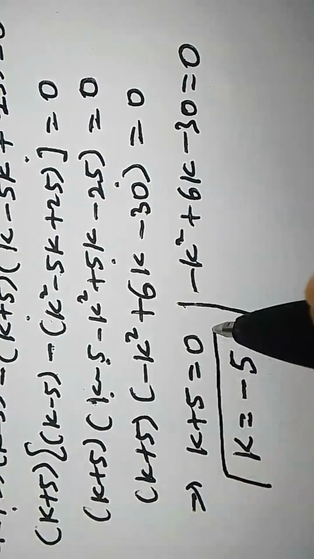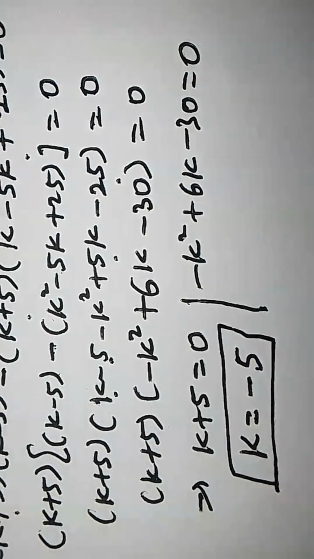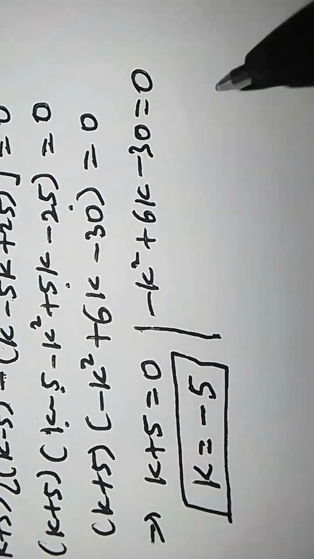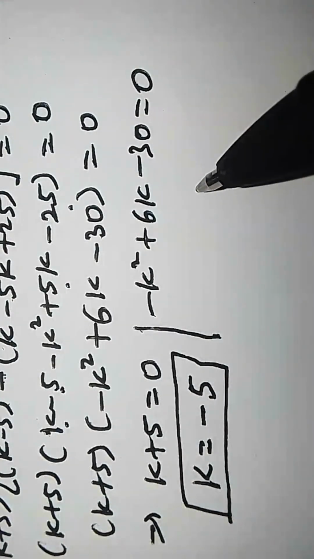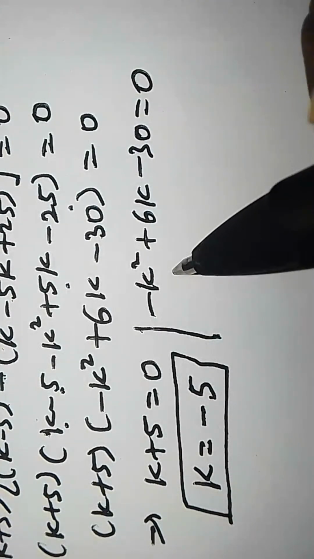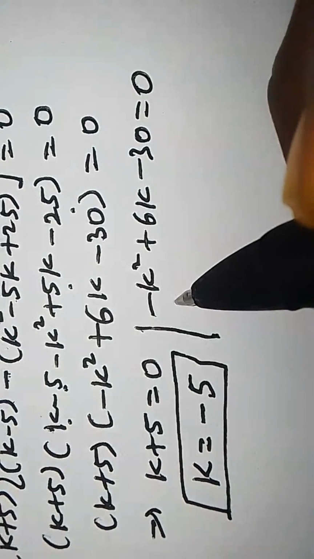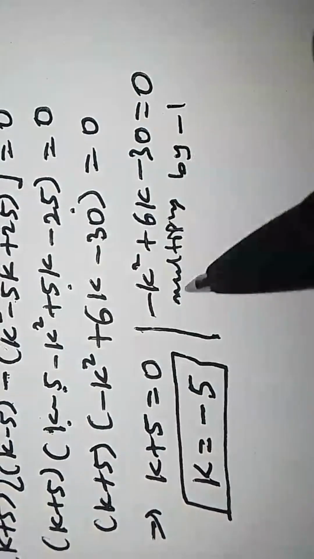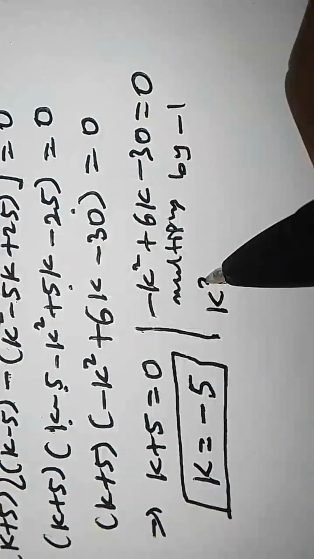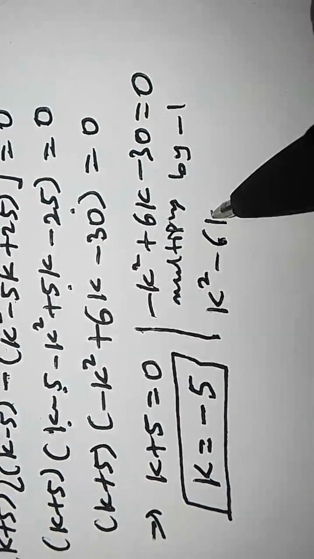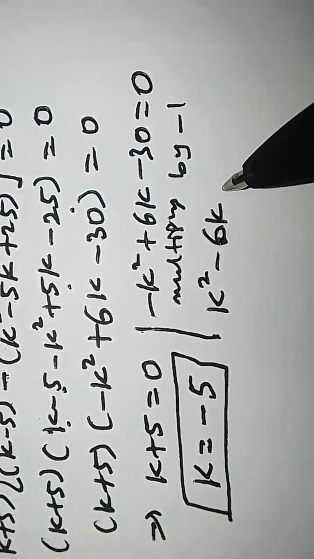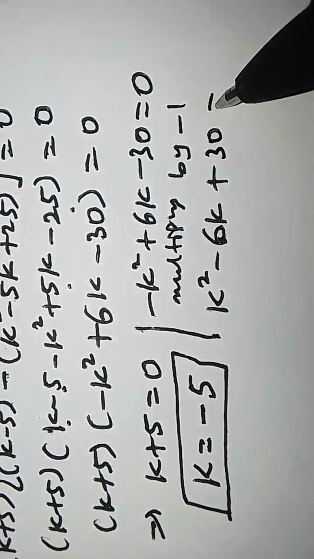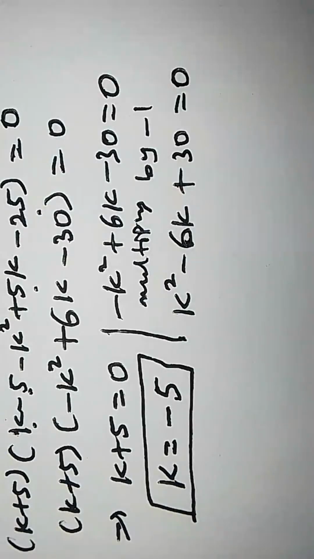This is the first solution. Now, let us solve this quadratic equation. First, we need to multiply both sides by minus 1. Multiply by negative 1. So we have K squared minus 6K plus 30 equal to 0.